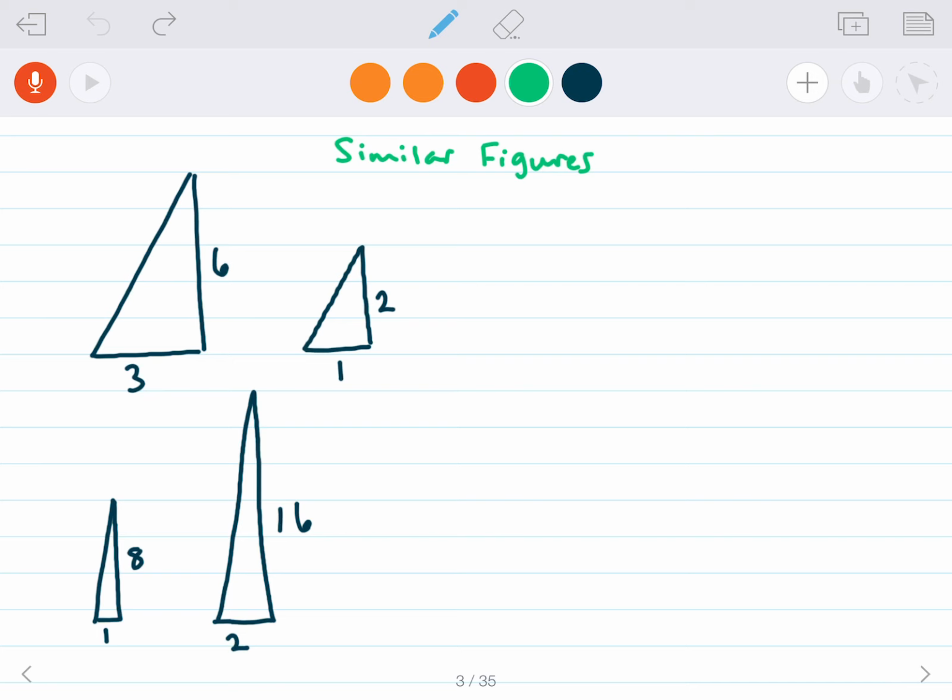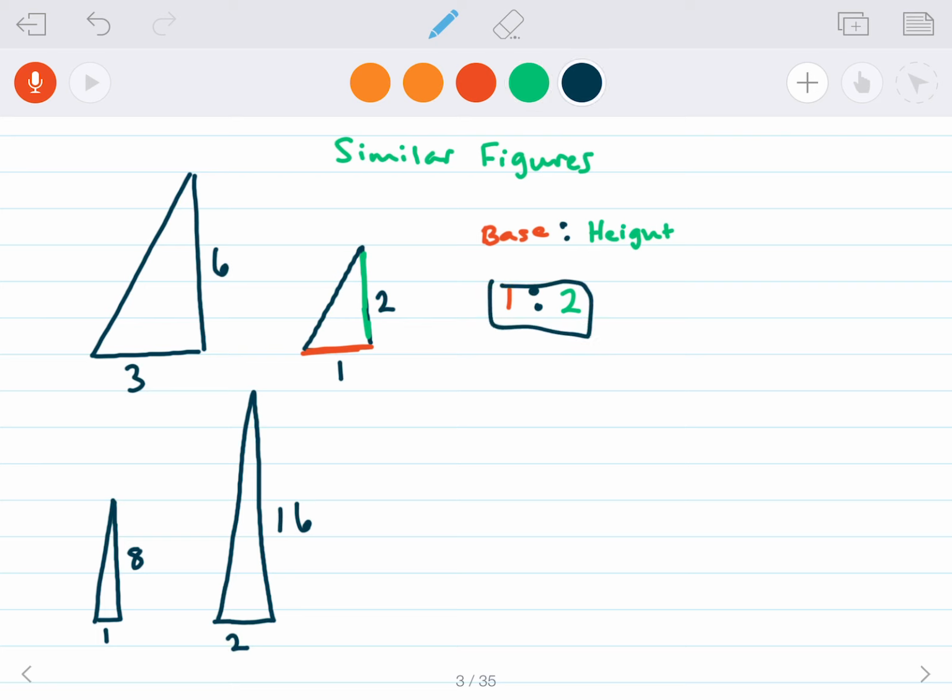Let me show you what I mean by that. If you look at this small triangle, we have a base of 1 and a height of 2. If I compare base to height, what I get is 1 to 2. Alright? So that's for this figure.